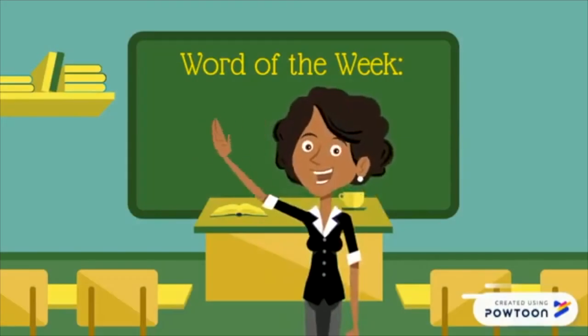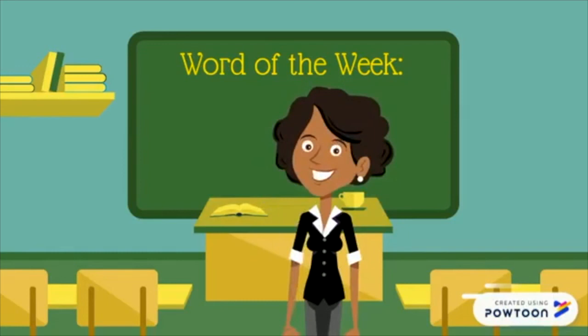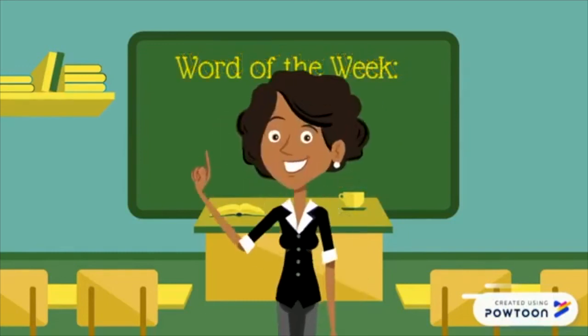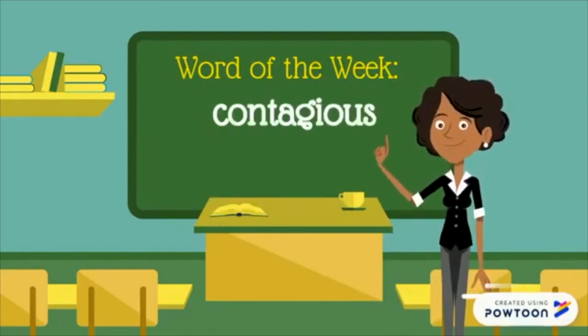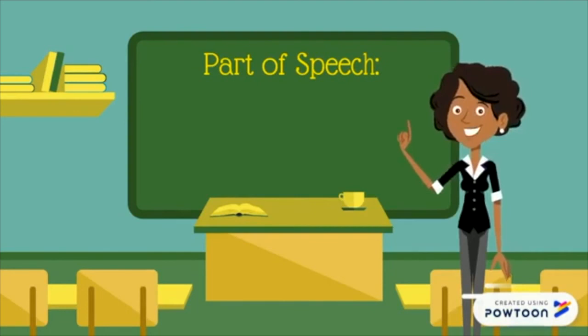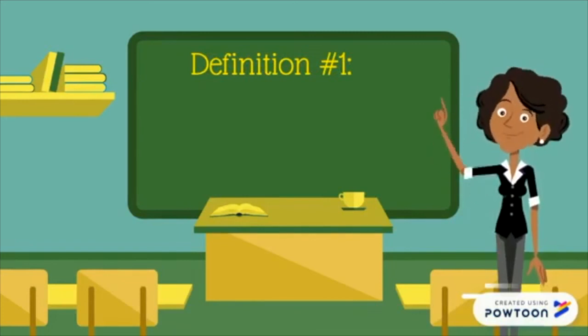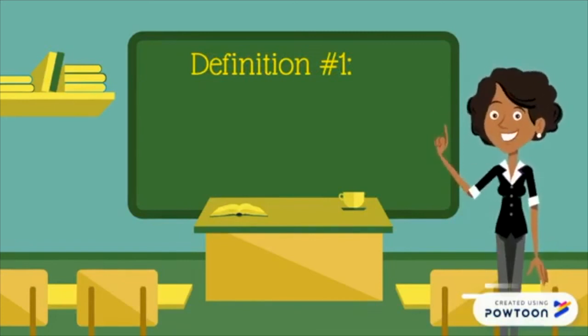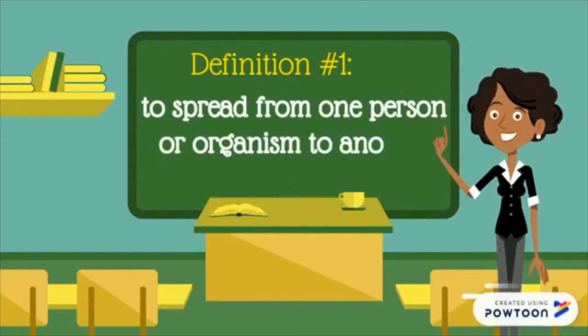Welcome to our Circle Time segment where we focus on the word of the week. The word of the week is contagious. Contagious is an adjective. Contagious has two definitions. The first definition is of a disease, to spread from one person or organism to another.